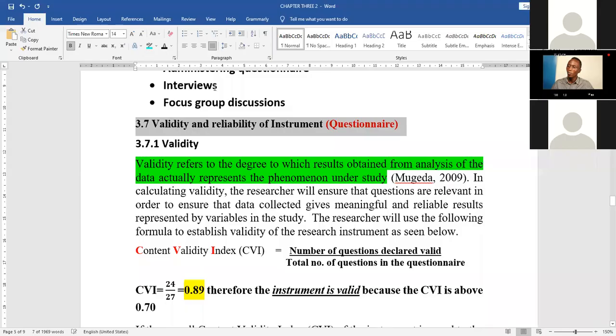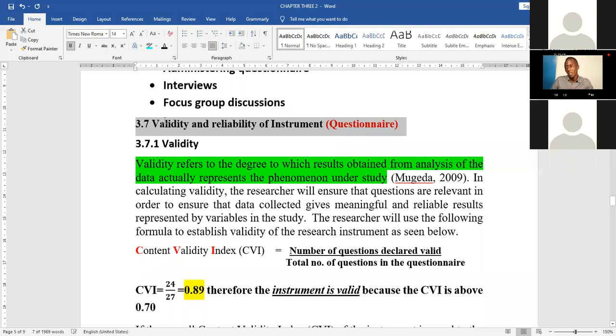So starting from validity and reliability of the instrument, up to the end of chapter 3, we are not going to use this method. You're supposed to use the same words, the same information that I've just put here, but I'm going to explain it for you.